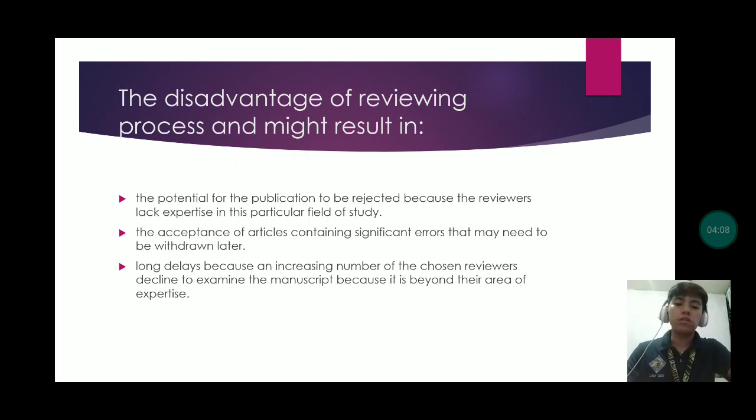It also suggests that it is getting harder to locate reviewers who are qualified to assess the article and have the necessary experience.